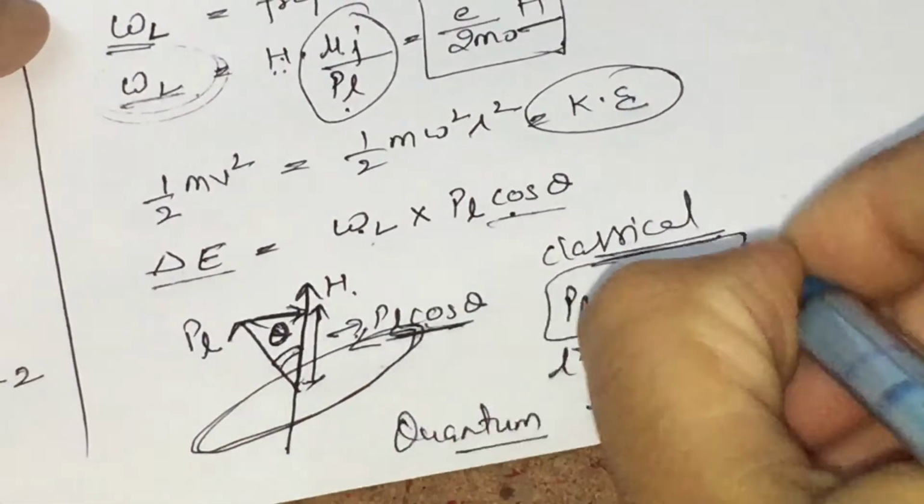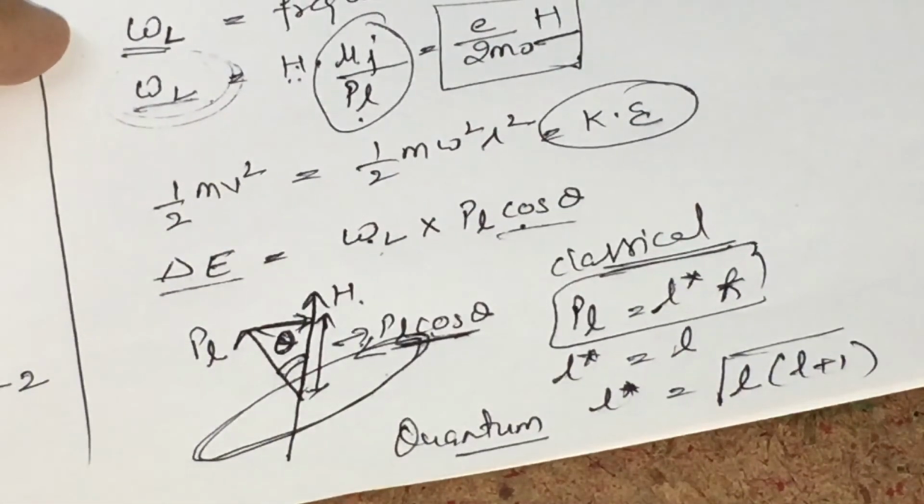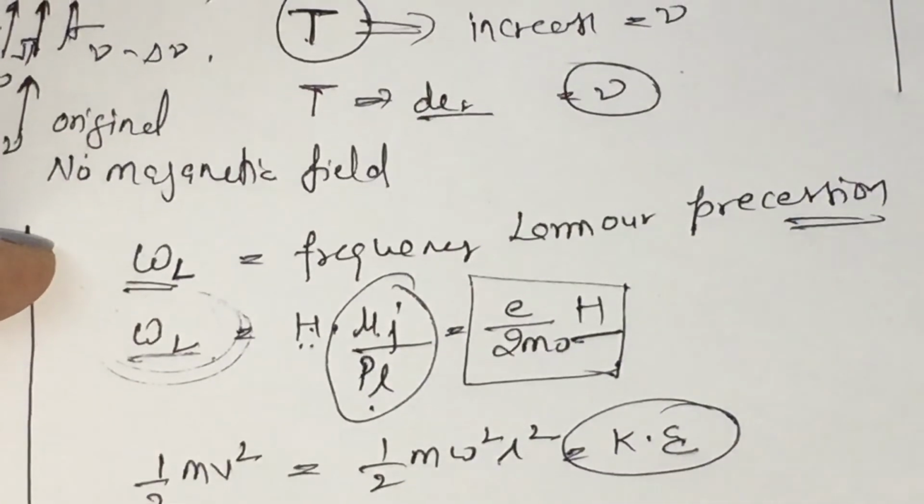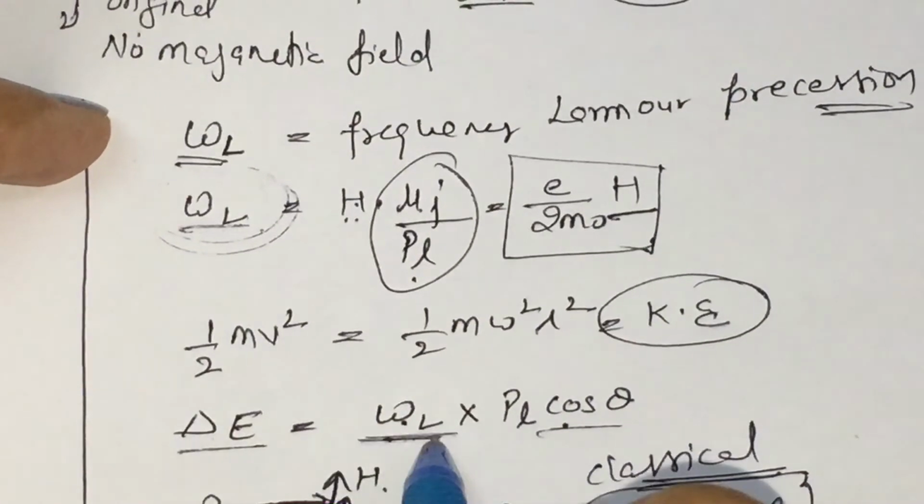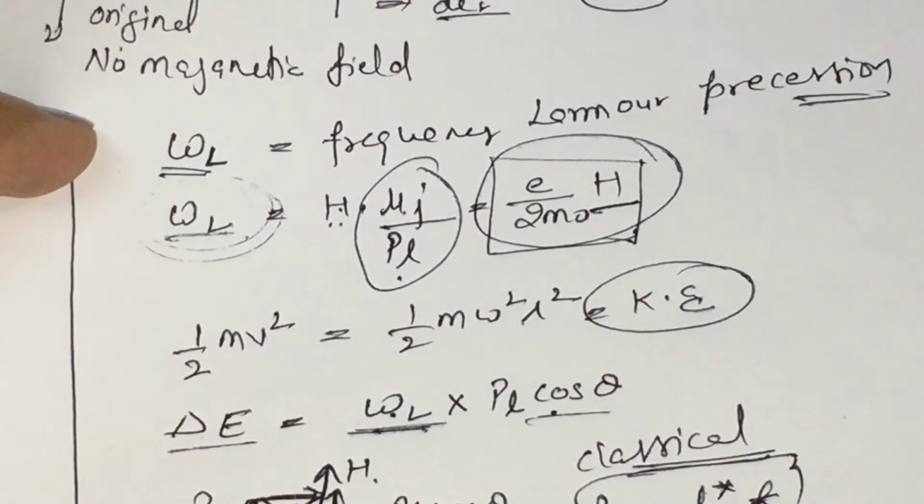So we very well know the value of our angular momentum, and the value of our Larmor frequency we already found out is given by Em naught divided by H.